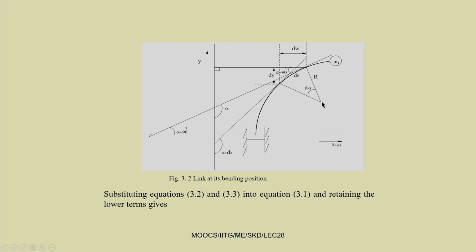So, this is the center of curvature, this is the radius of curvature, this length we have taken as ds, and this angle is d alpha. This angle is alpha, as we are taking this angle equal to alpha. So, this is alpha minus 90 degrees.